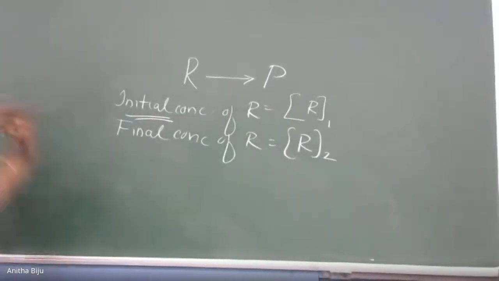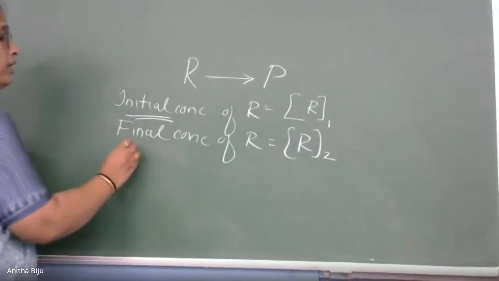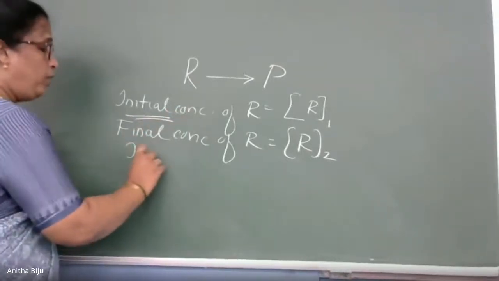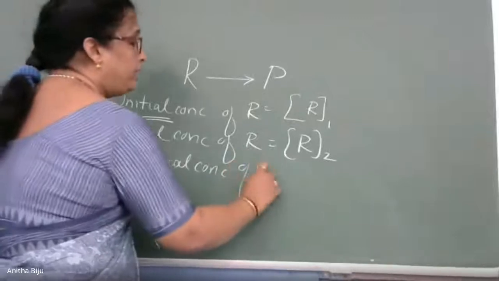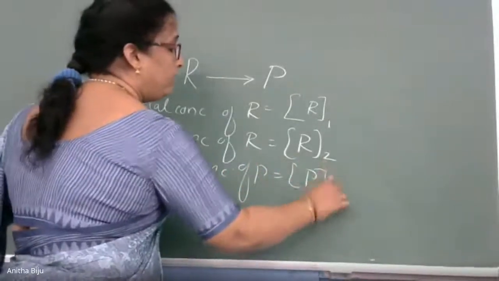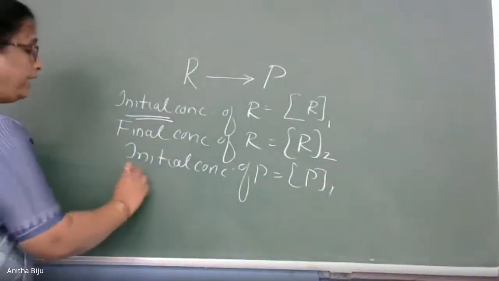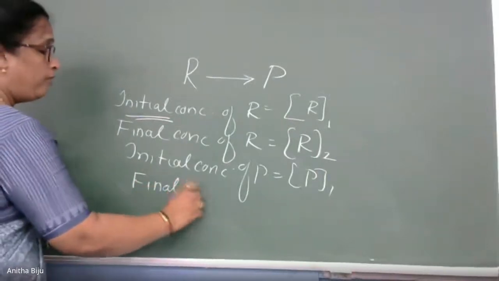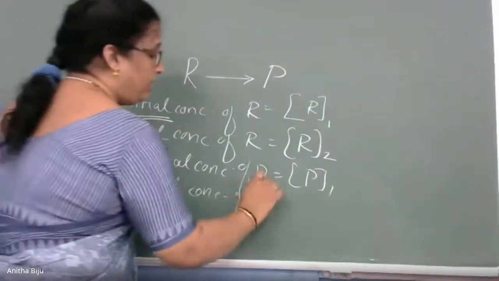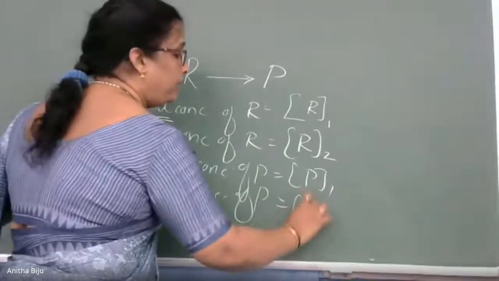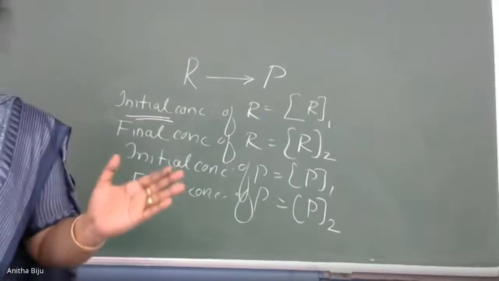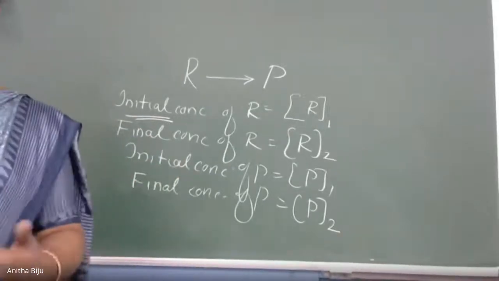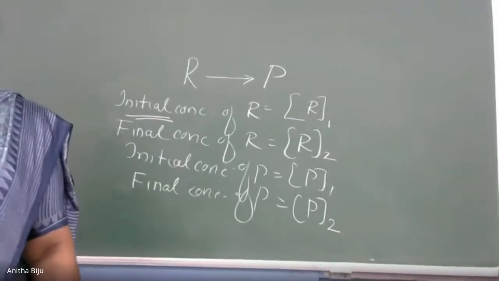Similarly, as far as the product is concerned, we again have the initial concentration of the product, [P]1, and the final concentration of the product, [P]2. So we have 4 different concentrations. By using these, we can express the rate of this particular chemical reaction.